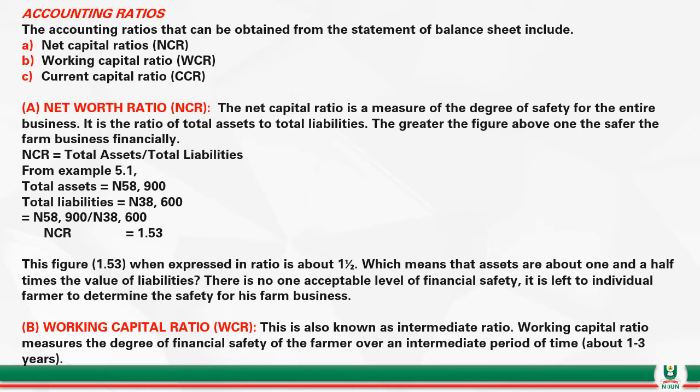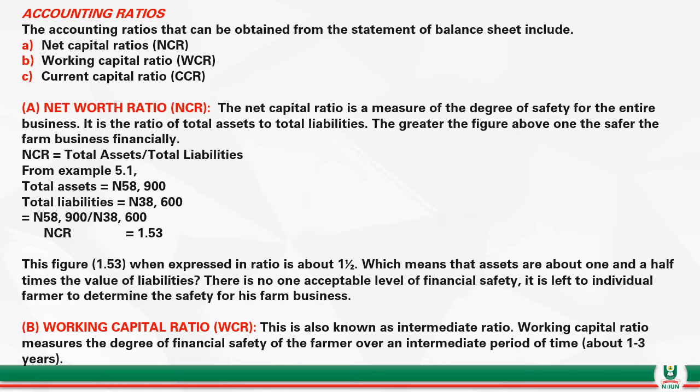From example one, total assets is equal to 58,900 Naira, while total liability is equal to 38,600 Naira. So you now divide 58,900 Naira by 38,600. Now we have 1.53 as the net capital ratio.